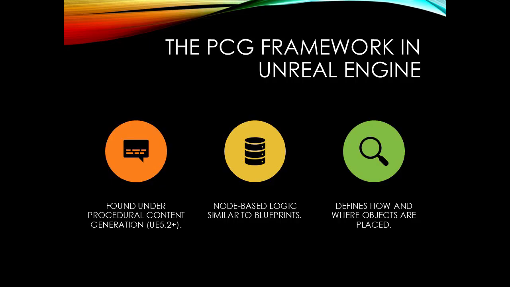Once active, it runs its generation rules, whenever the level loads or whenever you tell it to. What makes PCG powerful is that you can drive it almost on any kind of input: mesh surfaces, landscapes, spline shapes, volume bounds, tags, or even other PCG-generated data. This makes it ideal for buildings, vegetation, props, and anything that needs to follow patterns.